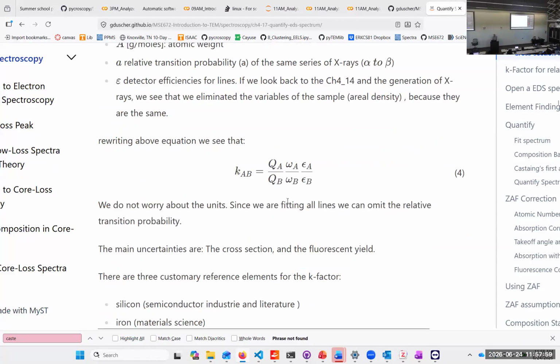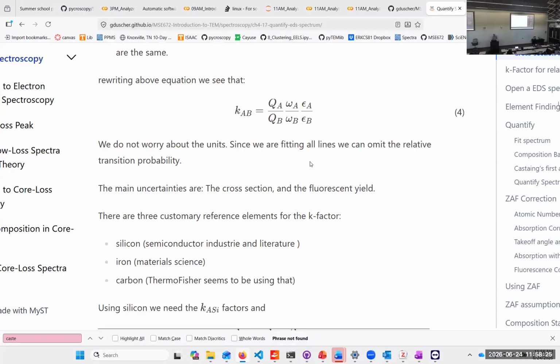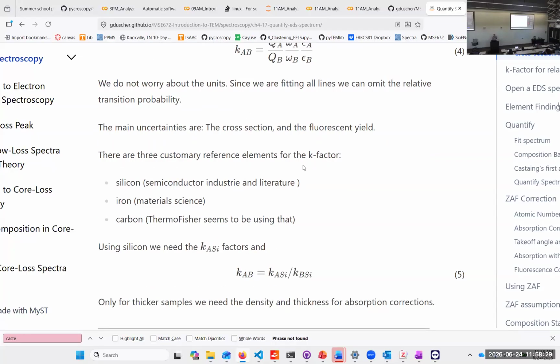So everything we don't know very well, especially the fluorescent yield with the different pathways that can be happening, is a key thing that is not known. And so what you do is you establish that for your system with your angles and everything experimentally, and that is at this point the accurate way of doing that.